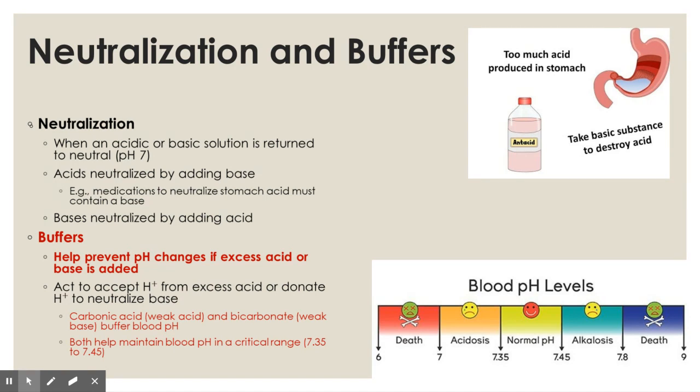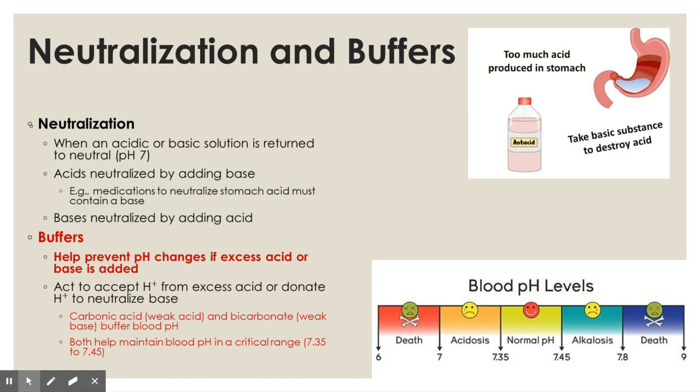A great example of how this works: carbonic acid is a weak acid and bicarbonate is a weak base. Both of those are found to buffer the blood pH. So the pH in your blood should be around neutral. It'll be slightly basic or slightly acidic. That's okay. But if it gets too acidic, you will die.